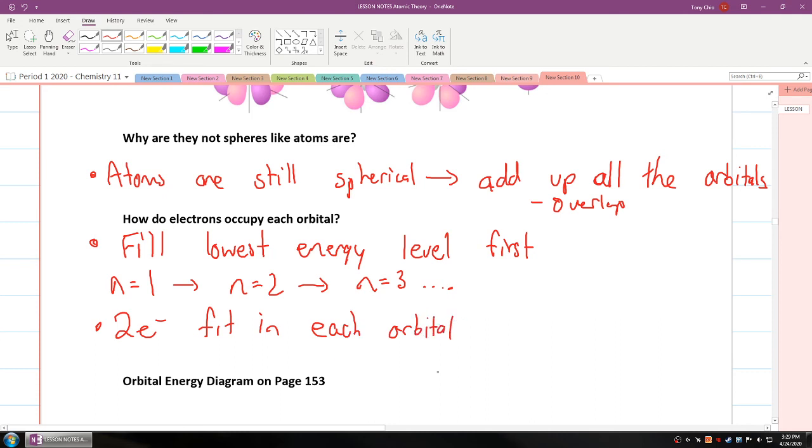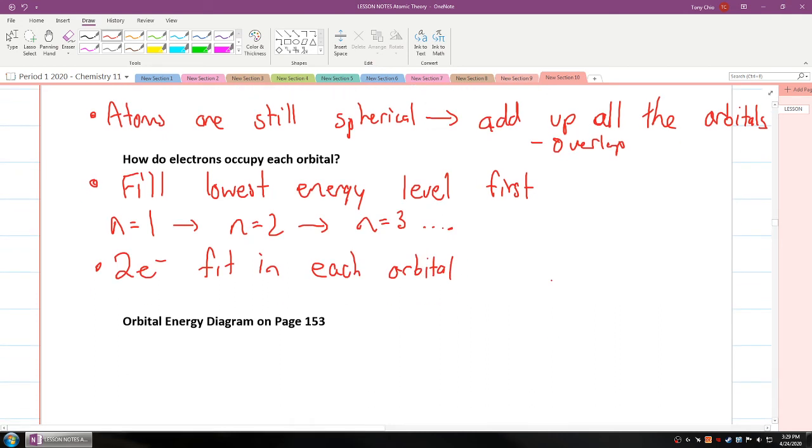Now if you flip to page 153 of your periodic table, you're going to see what we call an orbital energy diagram. An orbital energy diagram just shows you the fill order of these electrons.